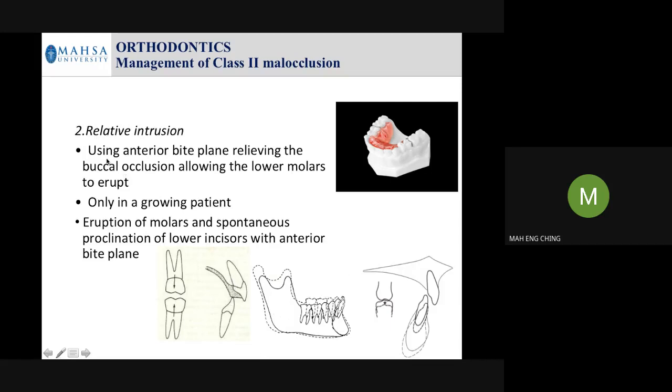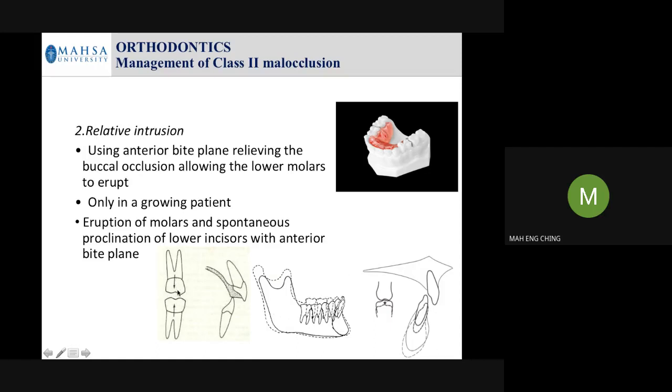So using the anterior bite plane, reducing the buccal occlusion, it allows the lower molar to erupt. So imagine if you put the occlusal bite plane, every time the patient bites, the lower incisor might occlude on this palatal bite plane, which causes the separation of the molars.